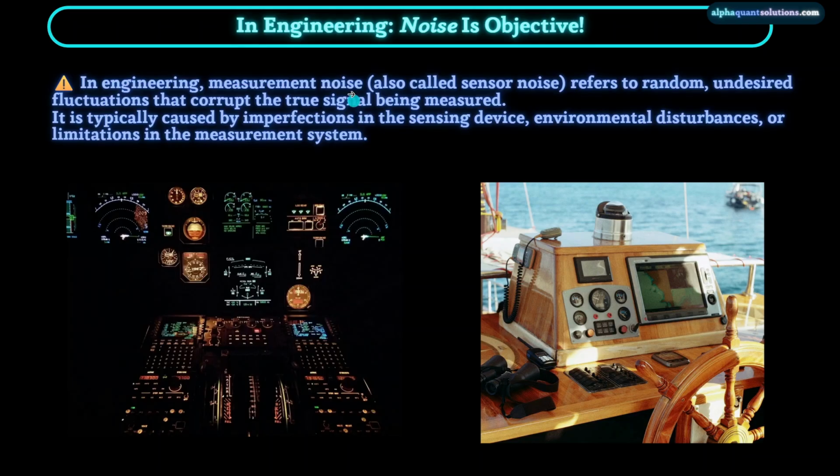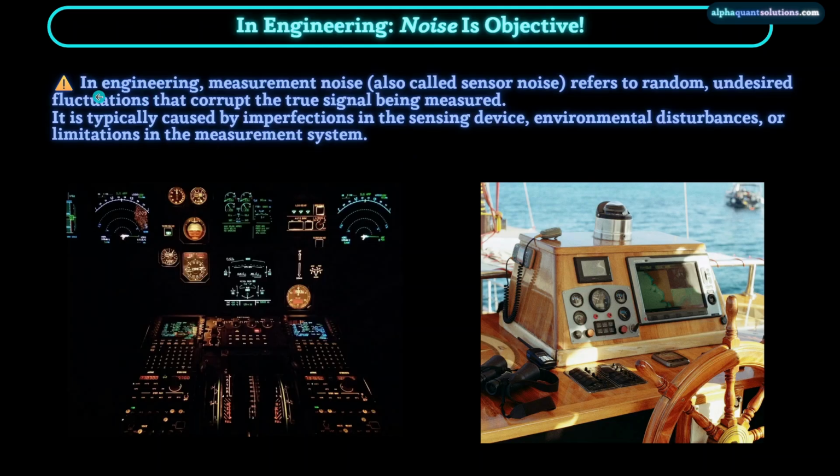We want to make the claim that in engineering, noise is objective. And what you see here on this slide is two pictures. On the left, the cockpit of a modern aircraft, and on the right, the control of a modern sail ship. And in both, you see lots of displays and indicators, and each one of them is linked to one or several sensors.